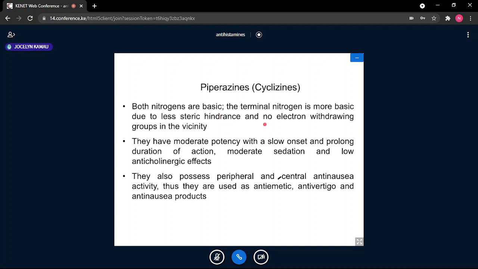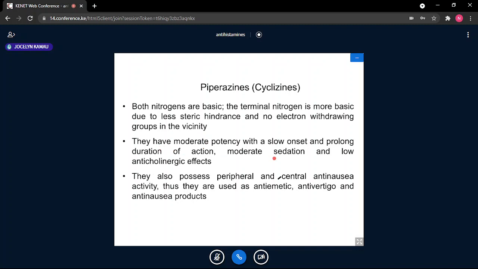The one at the end, which has less steric hindrance, will be more basic because it allows ready access of the proton. The terminal nitrogen is more basic due to less steric hindrance and no electron-withdrawing groups in the vicinity. The other one is just in the vicinity, but none of those groups is directly attached.